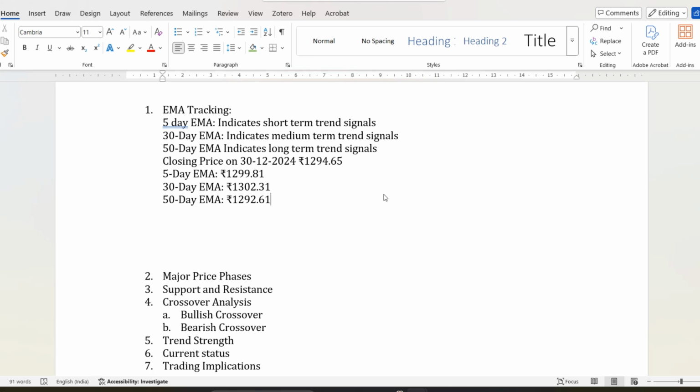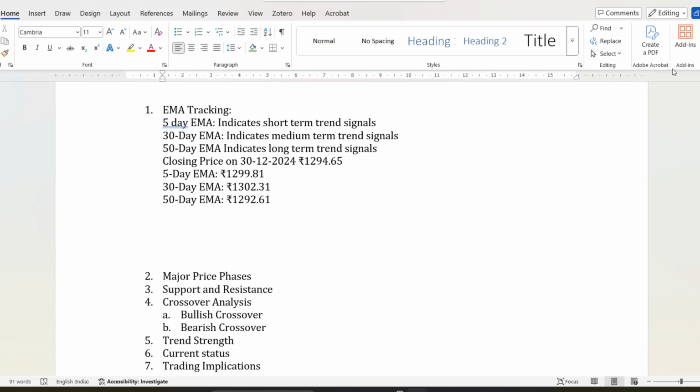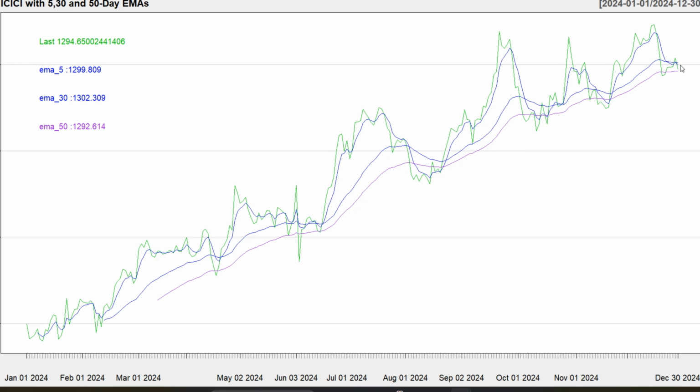Next one, if you are going with the last analysis, I think you can see the short-term trend is crossing the medium-term trend and moving downwards. So we can expect some bearish crossover here.